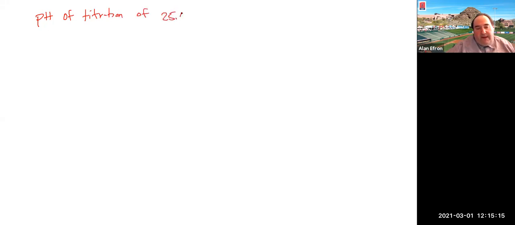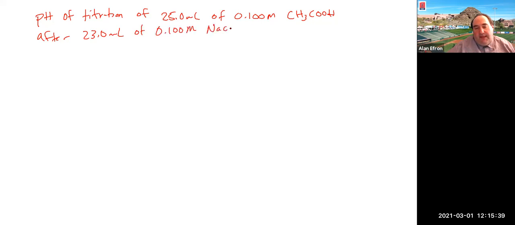We'll go with 25 milliliters of 0.1 molar acetic acid after, let's do 23 milliliters of 0.1 molar sodium hydroxide has been added. Again, Ka value the same we've been using, 1.8 times 10 to the minus 5.